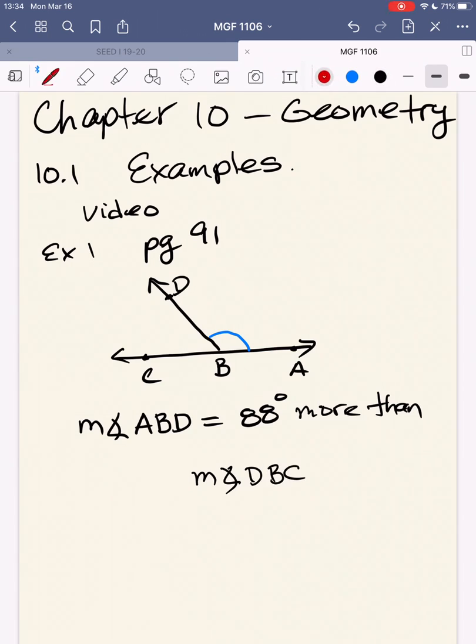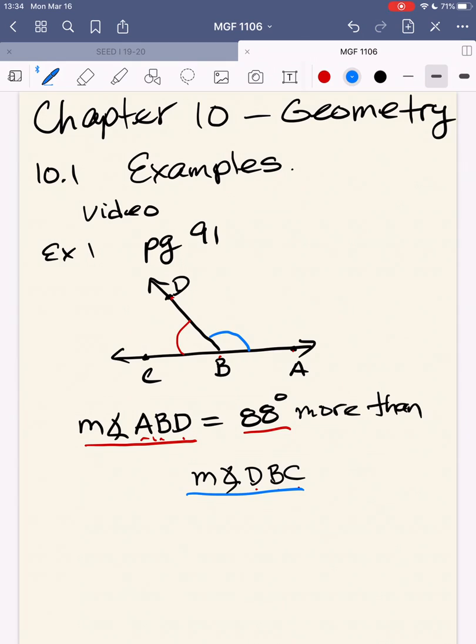And DBC is here. Remember, angles go from listed first, middle, and last. So that means I know that this angle here is 88 degrees bigger than this one here.